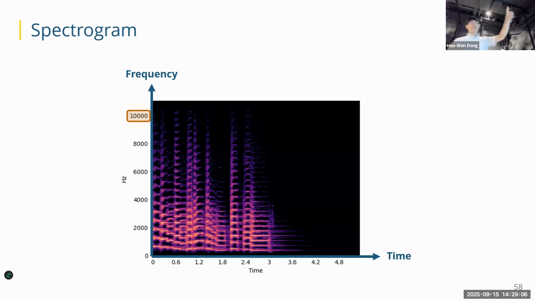In librosa by default, it uses a 22,050 Hz sampling rate. 22.05 kHz, that's half of 44.1 kHz. So half of that will be somewhere around 11K hertz. So that's why you get the highest frequency here. That's the maximum frequency you can detect.